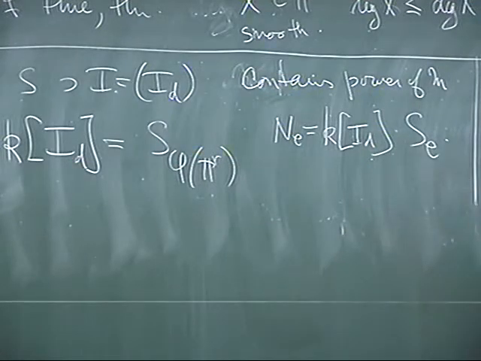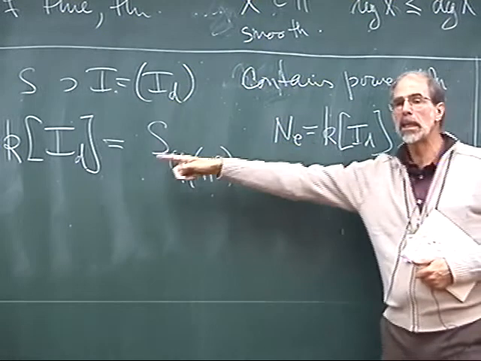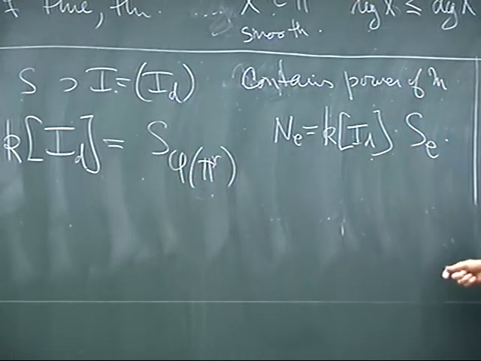I haven't seen this module very often. There's a sequence of modules there, one for each E, sitting inside S_E. They overlap quite a lot. Each one is a summand of S as a k of I_d module, but they're not mutually compatible with each other.